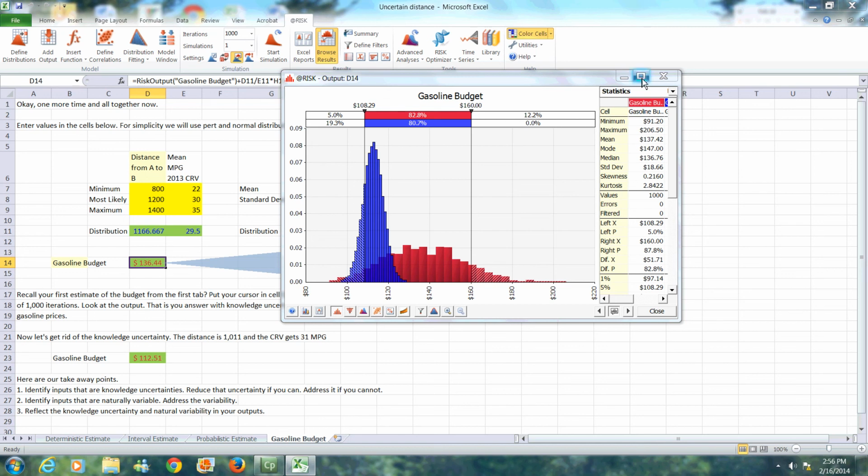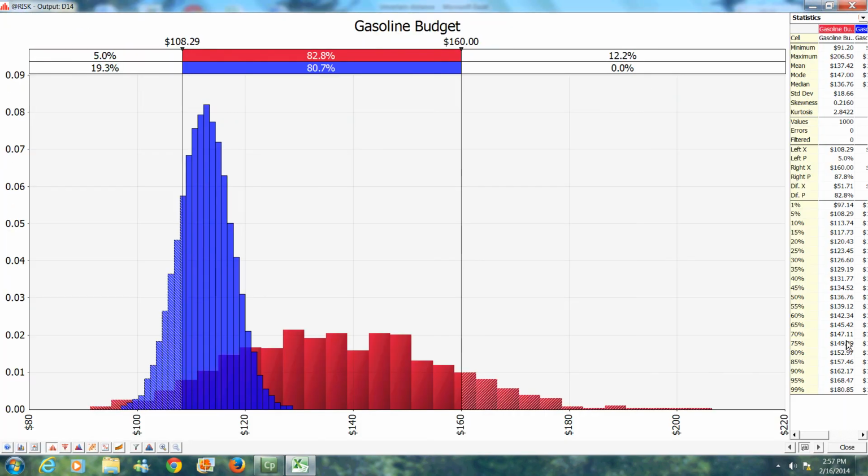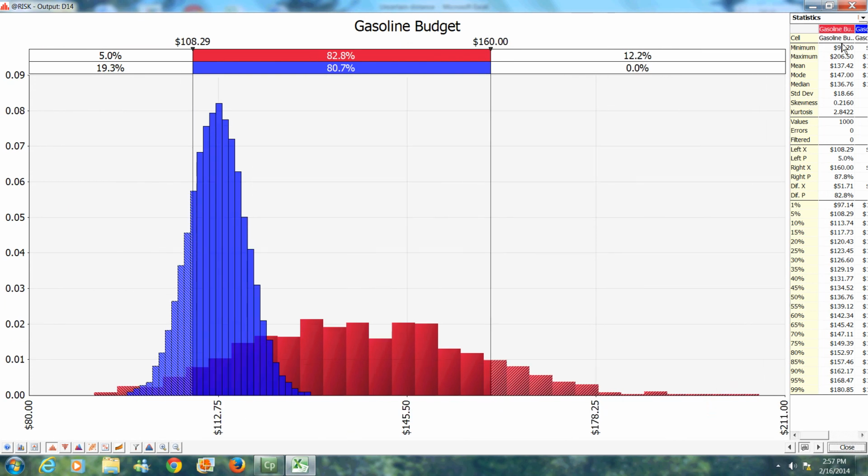So that if I blow this up here, and excuse me while I move the bar a little bit so you can see, whoops, so we can see the blue column here. It's going to be between $97 and $128.